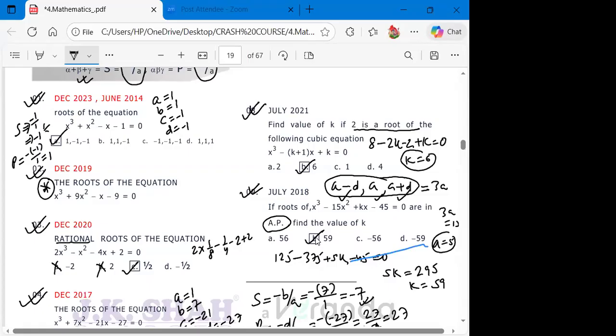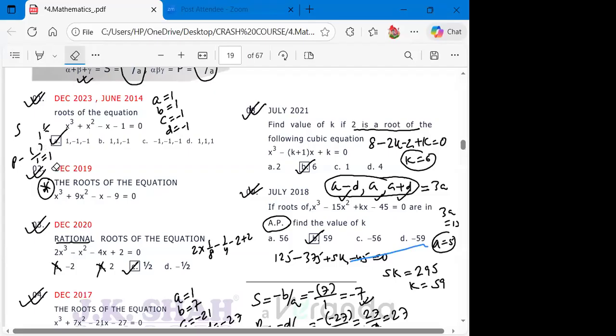It is 15. Therefore, 3A is equal to 15. Therefore, A is equal to 5.